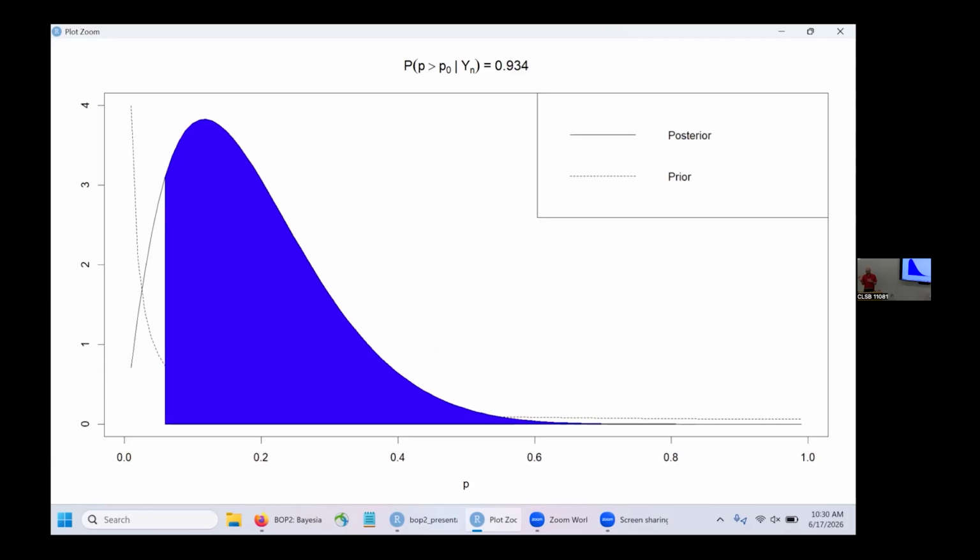But before we get to the stopping boundaries, I just wanted to zoom in on the prior and the posterior. But we will get to that. Was there another question? I'm saying high, but we do have to quantify what's high and what's low in the trial. And we're going to do that in a moment.